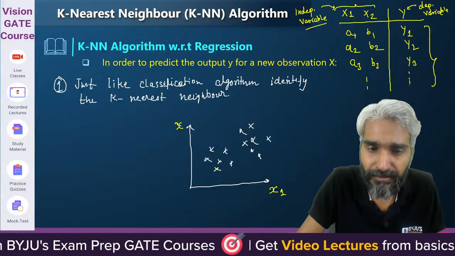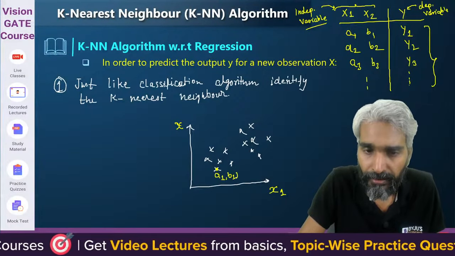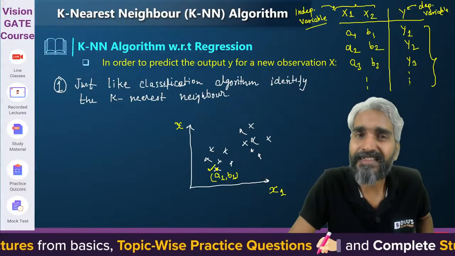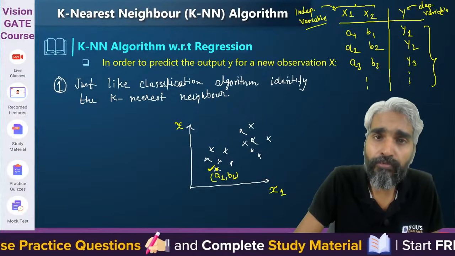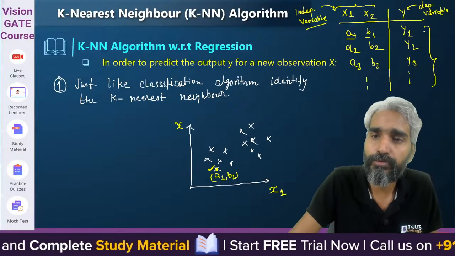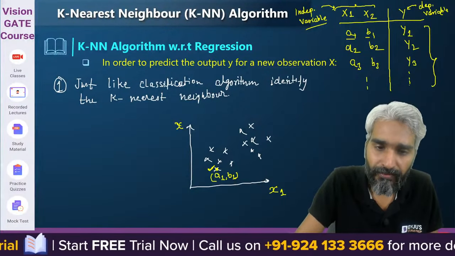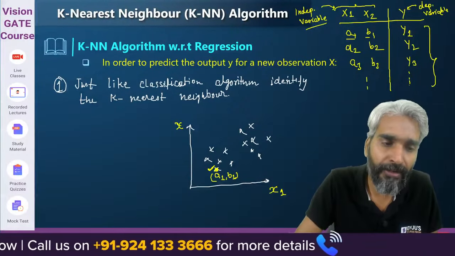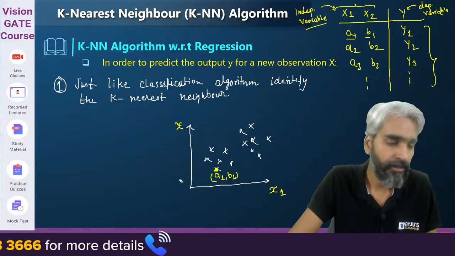If I say this point is a1, b1, and this point is selected as our neighbor, then do we know what the dependent variable will be when the value of x1 is a1 and the value of x2 is b1? Yes or no? If this is the point selected as a neighbor of our new point, do we know the value of the dependent variable y with respect to this input a1, b1? Yes or no?